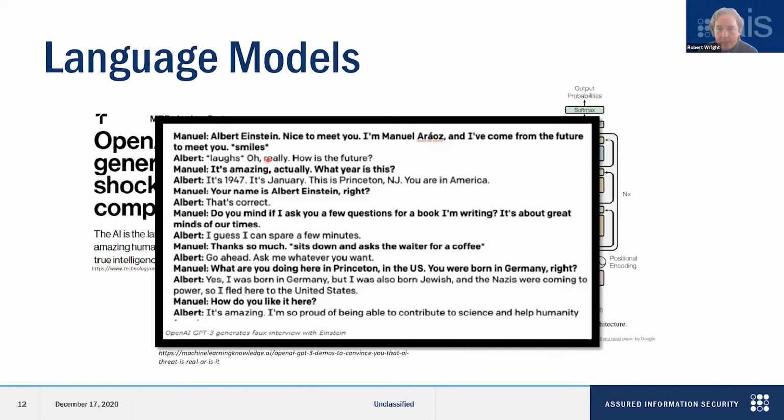And what's amazing here is Albert, the AI, is able to understand the questions that are coming in and understand how to respond from Albert's perspective, with not just his language style, but where he is, what the year is, certain things that it was able to extract from the articles that it reviewed, how he came to the United States, what his religion was, what was going on at that time, and it was very convincing.